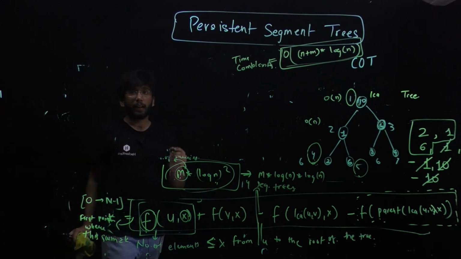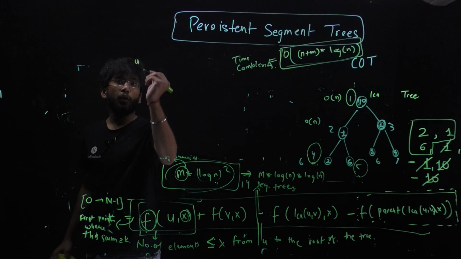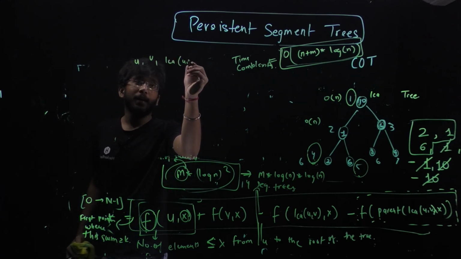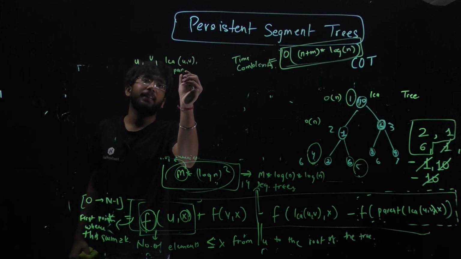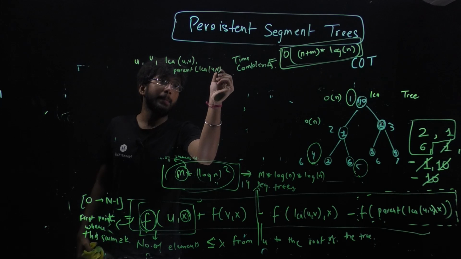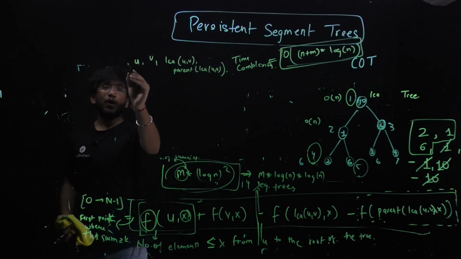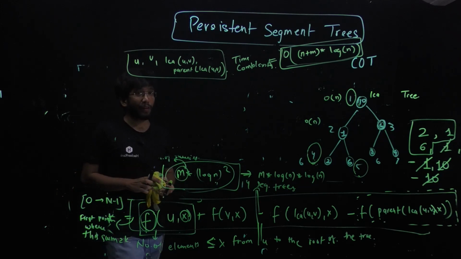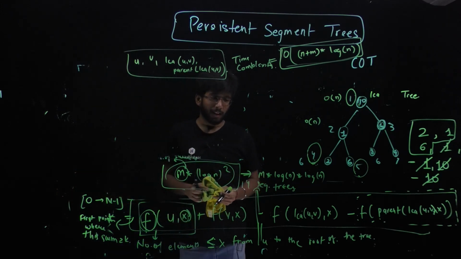The 4 segment trees are of the node U, the node V, the LCA of node U and V, and the parent of the LCA of U and V. So these are the 4 segment trees which are into our consideration.